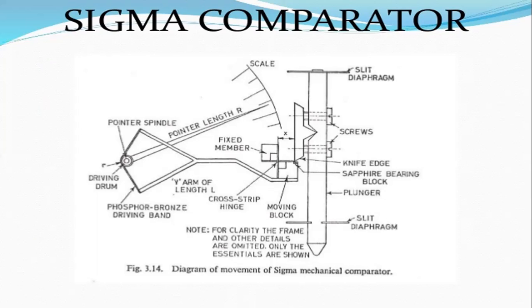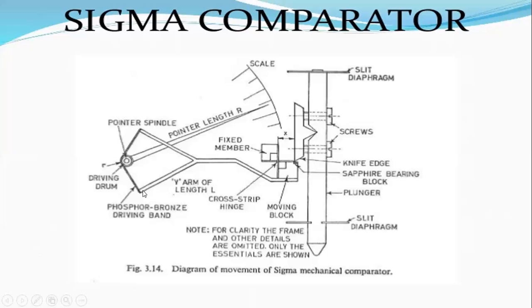In this sigma comparator, the main component is the Y arm. This is the Y arm which has a length of L. It is attached to an adjustable phosphor bronze driving band, and it got the name Y arm because of its Y shape.